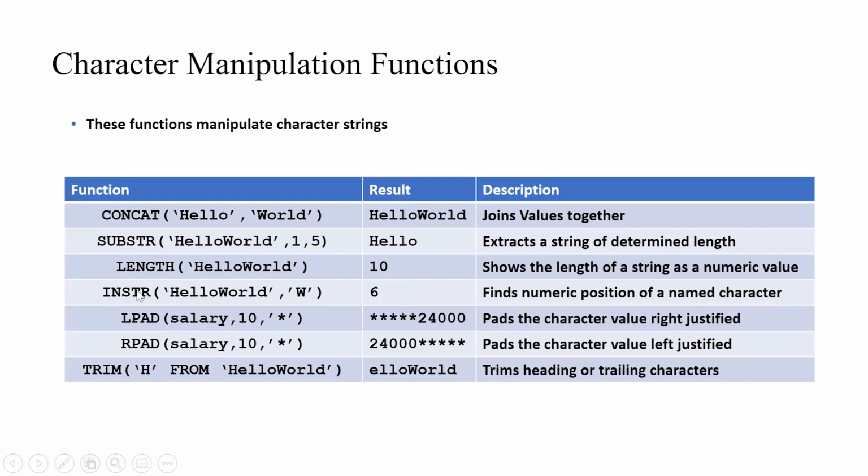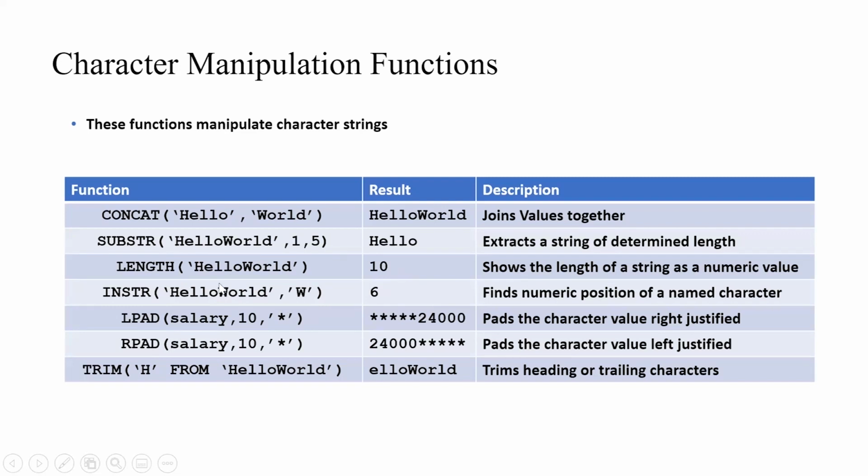Then we have INSTR, which is nothing but in string. This will get the numeric position of the character you specify. If you say W, then it is first, second, third, fourth, fifth, and sixth. This is the sixth position, hence we get 6 back here. It will always give you the first occurrence of the character you provide.